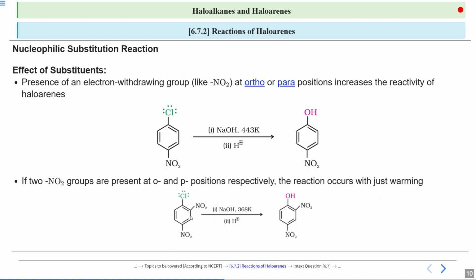So the presence of two electron withdrawing groups increases the reactivity of this haloarene, to convert it into a phenol after the removal of chlorine at a lesser temperature, or you can say just by warming it. So the presence of a nitro group or electron withdrawing group at ortho and para positions increases the reactivity of the haloarenes towards nucleophilic substitution reactions. Why? Because it is an electron withdrawing group, it withdraws the electrons of the benzene ring, and your benzene ring will become available for the attack of the electron rich nucleophile.